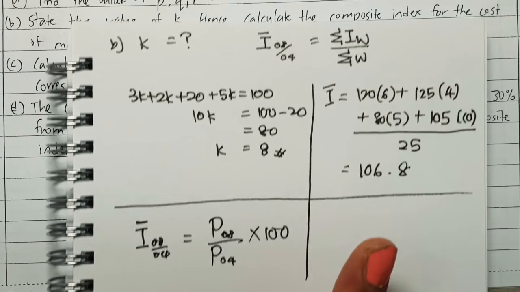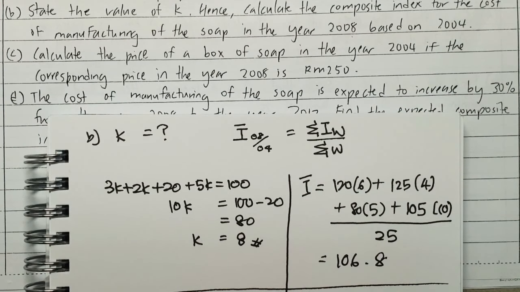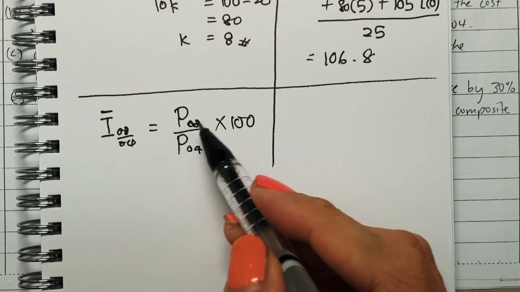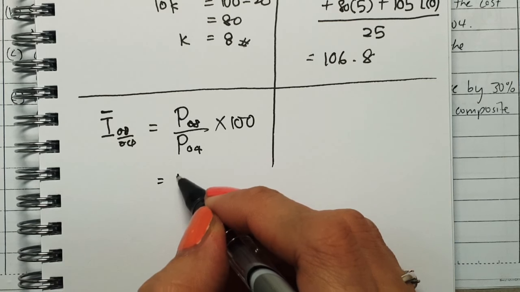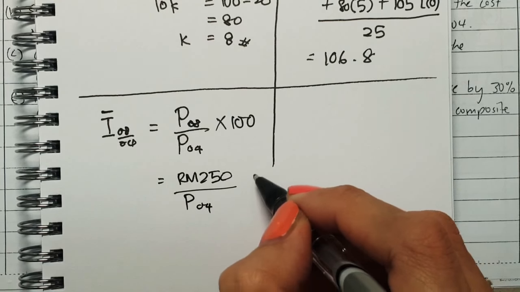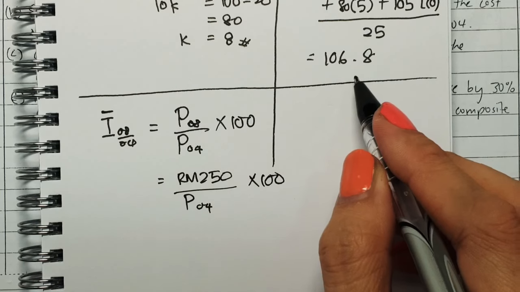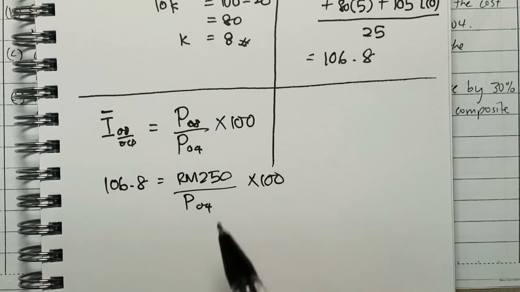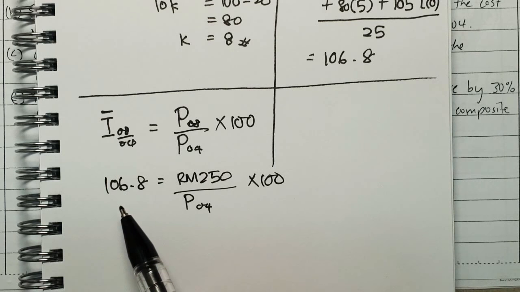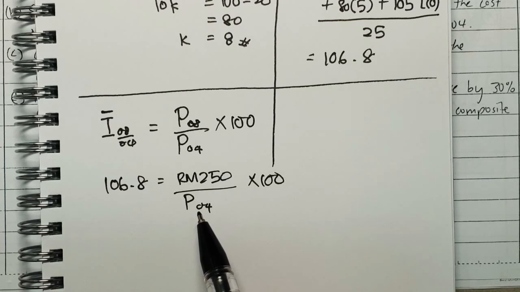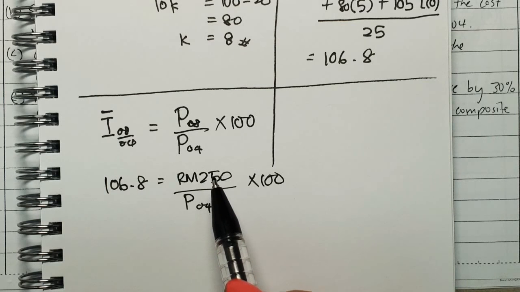So now we know that the soap was sold at 250 ringgit in year 2008. We need to find the price in year 2004, and the composite index that we have just found is 106.8. That shows the price has increased by 6.8%. So the answer that you find must be smaller than 250.